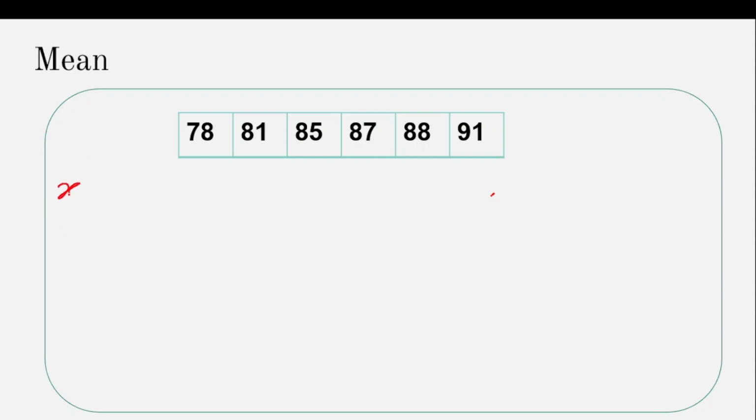Firstly, we should know that mean is represented by the symbol x bar or by the symbol mu. It is given by the formula summation of xi, that is the sum of all the data points, divided by the number of data points n.